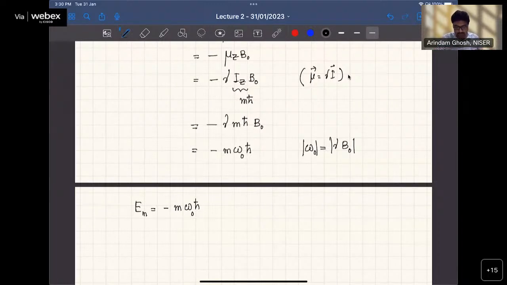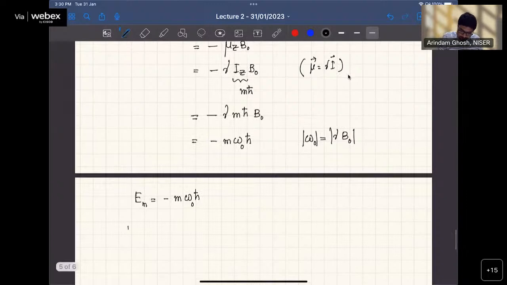Then m goes to half and minus half, correct? And clearly, because we have a negative sign over here, when you take m equals plus half, that will give a lower energy, and when you have minus half, this minus and this minus will cancel, and therefore we have a larger energy.